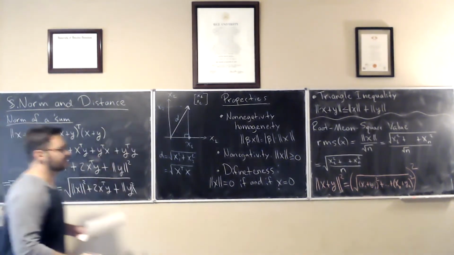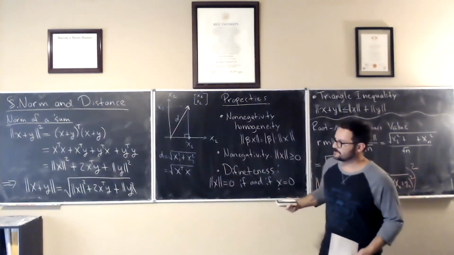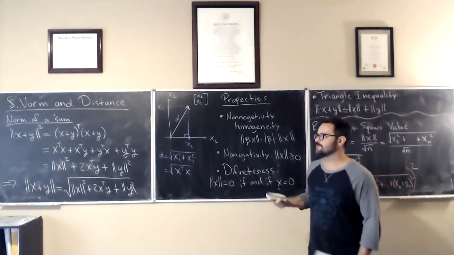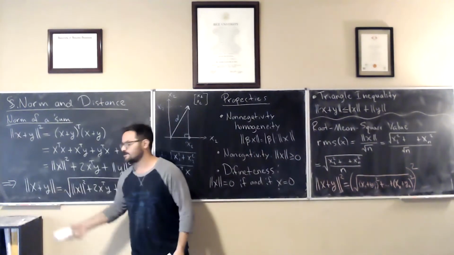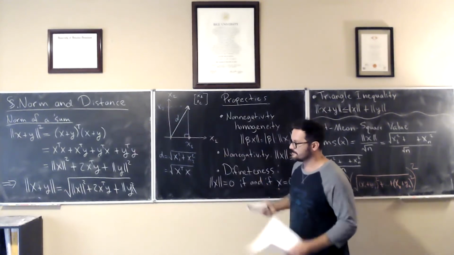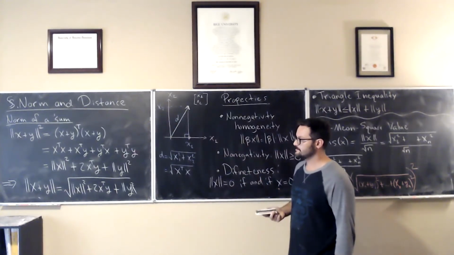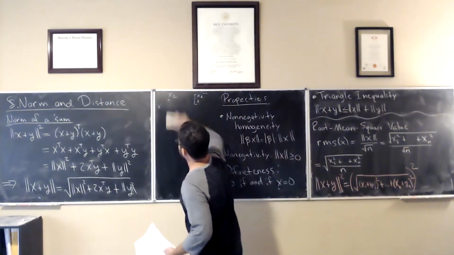And again, I was just trying to illustrate the rules of the game and deriving new formulas from what you know. This formula here gives you a formula for the norm of the sum. It could be useful at some point, but it just depends on the context.